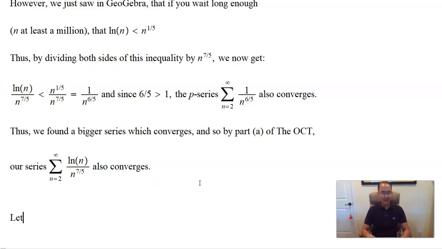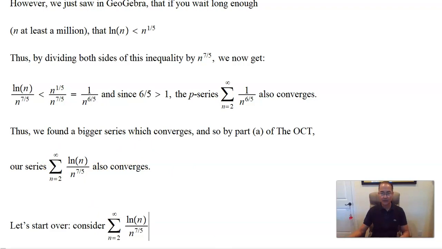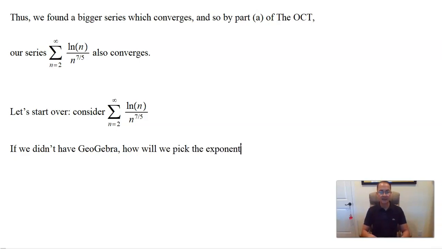All right, so let's start over. Consider our original problem. If we didn't have GeoGebra, how will we pick the exponent k such that ln of n is smaller than n to the k, and we can use part A of the OCT?